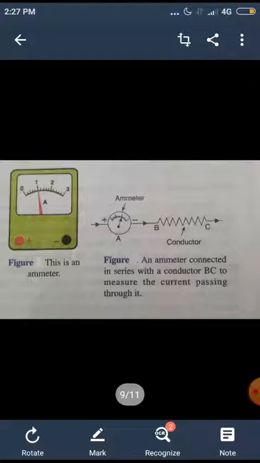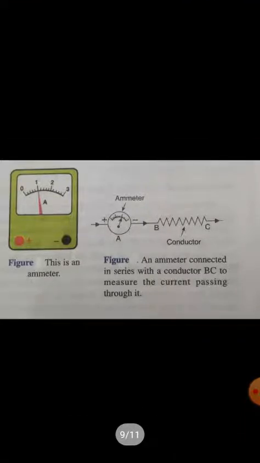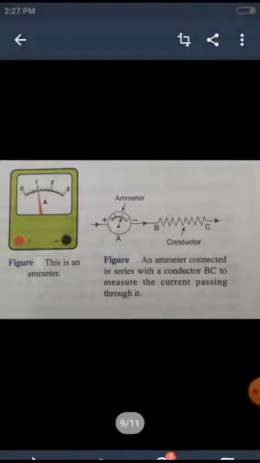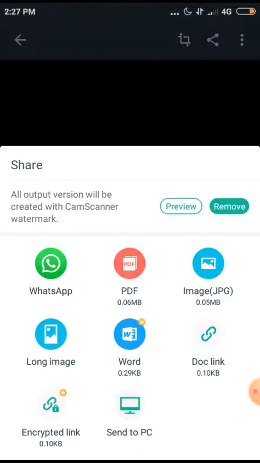Always the positive of the ammeter is connected to the positive of the cell or the battery. A small circle with letter A inside it is taken as its symbol. So an ammeter is used for measuring current and is connected in a circuit in series.